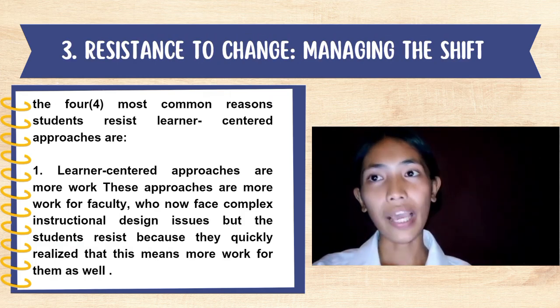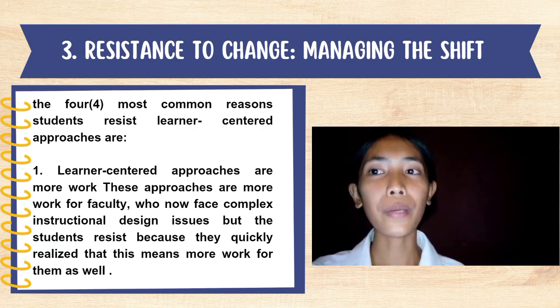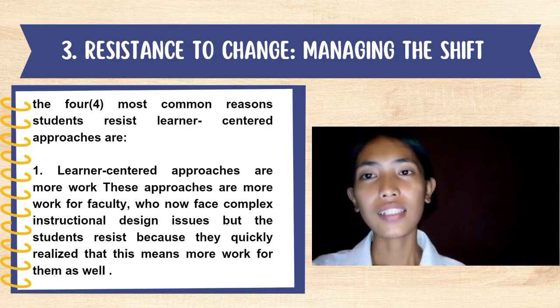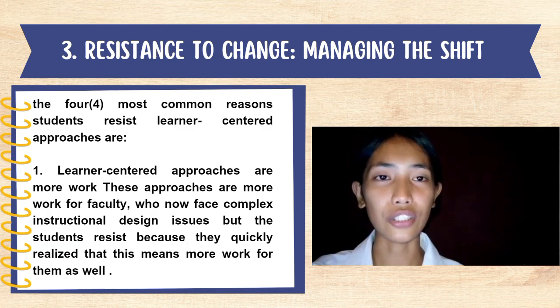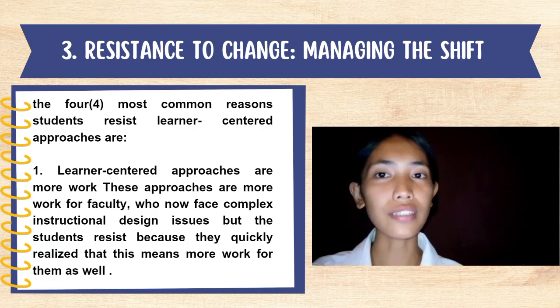So number 3, we have the resistance to change, managing the shift. It is human nature to counteract any changes, but change is inevitable. The reason why people resist change is because it's not an easy transition, and there is a fear of the unknown. Students resist learner-centered approaches for a variety of reasons.